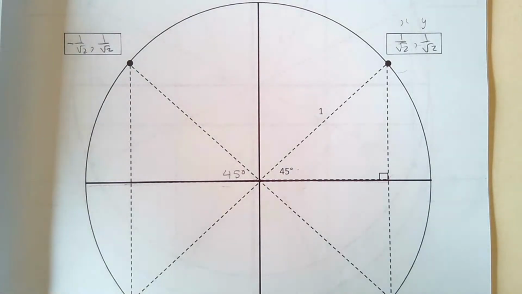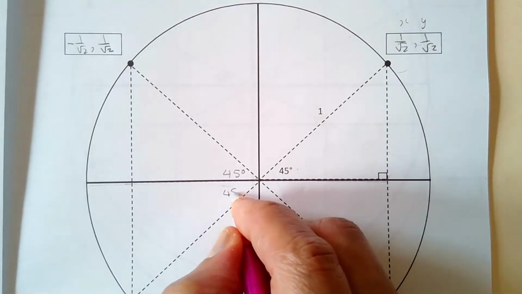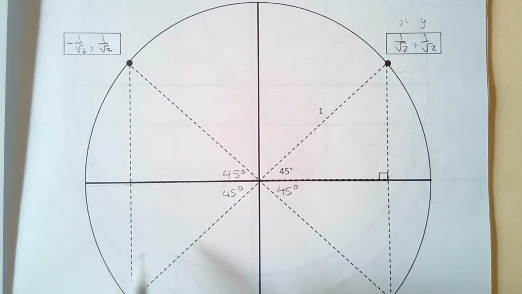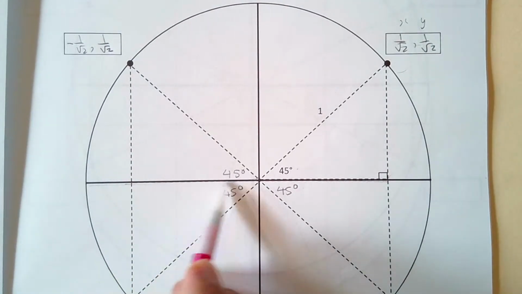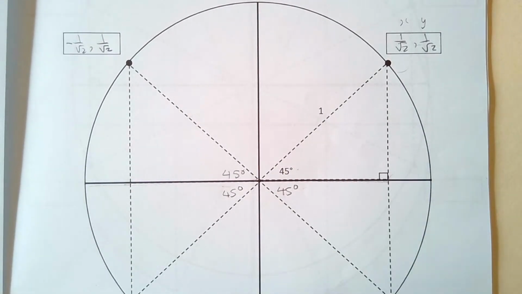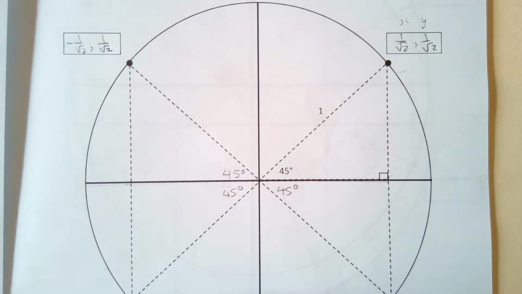Now, we're not done yet, because we can go on to the next one. Down here, this is 45 degrees here, and 45 degrees down here. So the same thing we have here, but here x is negative. So negative 1 over root 2. But also the y is negative. So negative 1 over root 2.